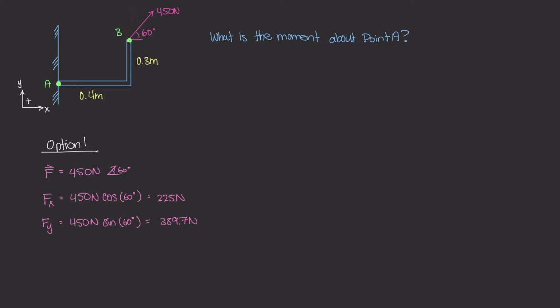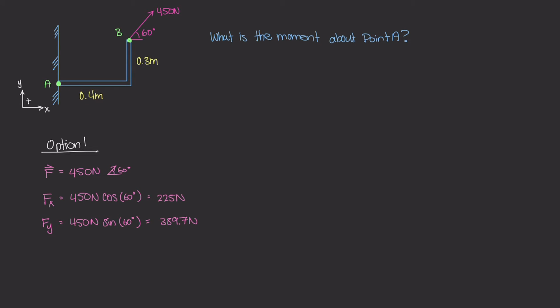Now you'll notice that for the x component, the line of action for that force is this right here. So when we calculate moment, remember, we need to take the perpendicular distance from that point to the line of action, which is this value right here. So in this case, it's going to be 0.3 meters. But for the y component, the line of action is vertical, and the perpendicular distance from A is this line right here, which is 0.4 meters.